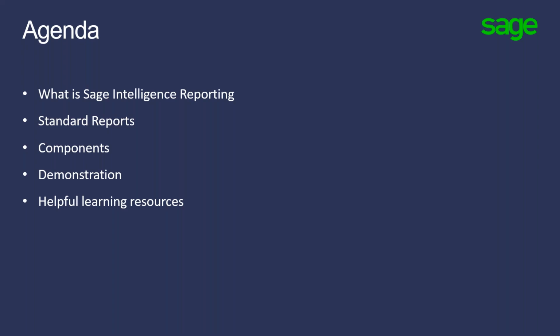Components is always a little, there's always questions around components, so I do want to take some time and go through a slide on that. Going to go through the demonstration and then follow it with some very helpful resources. I don't know if you know, but we have a lot of videos and documents and such that can help you as you ramp into Sage Intelligence.